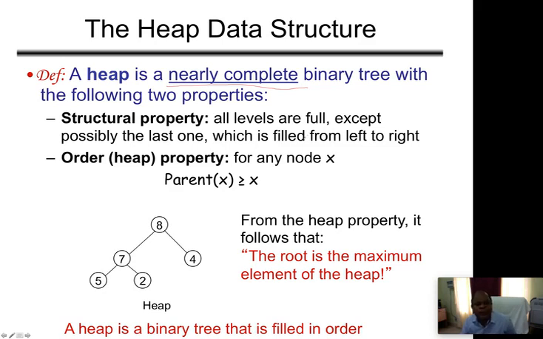Suppose we say a binary tree is a heap if it is a complete binary tree up to level L minus 1, that means from the root up to level L minus 1 it is a complete binary tree.